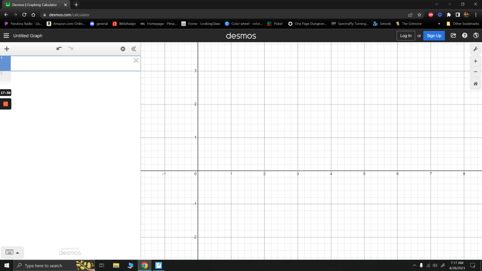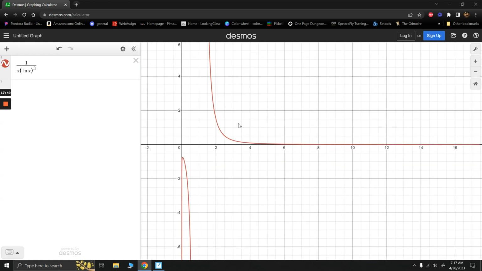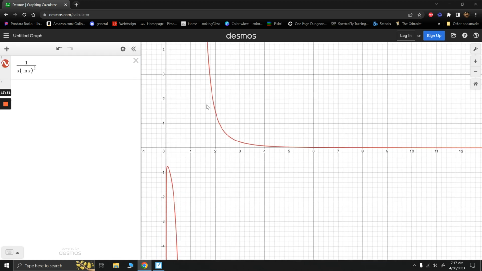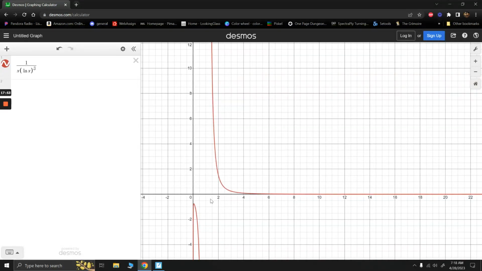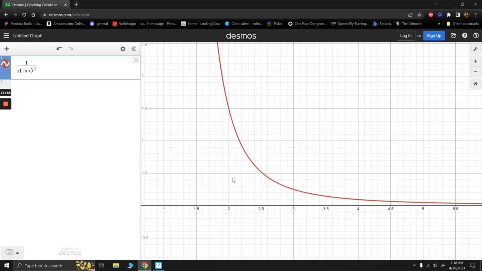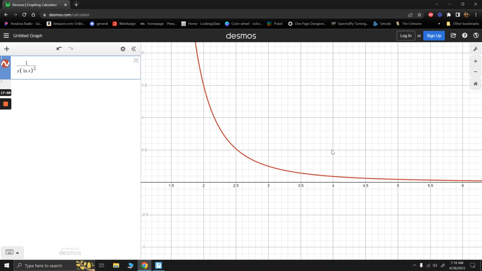But here, for us, we have 1 over x (ln x) cubed. Okay, now it is positive and decreasing, and technically speaking, it is decreasing on the interval from 1 onwards, but we're only looking from 2 onwards, and that is sufficient for us.